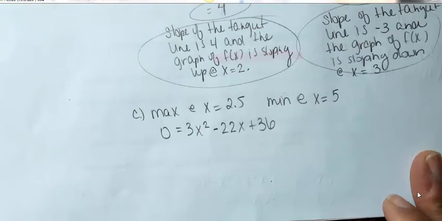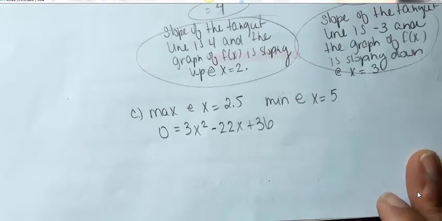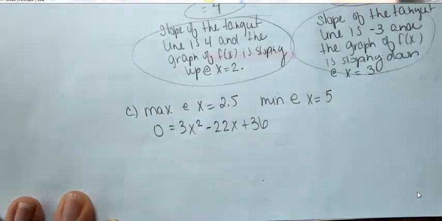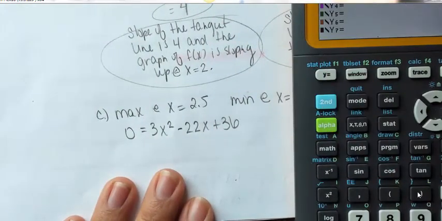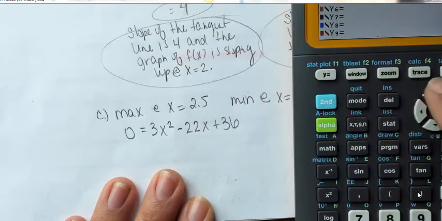That won't work. So if you use the quadratic formula, you're going to need your calculator anyways. So instead of doing that, I'm just going to go ahead and graph it and then find my zeros. If I'm allowed a calculator for my quadratic formula, I should be allowed a calculator to graph it.